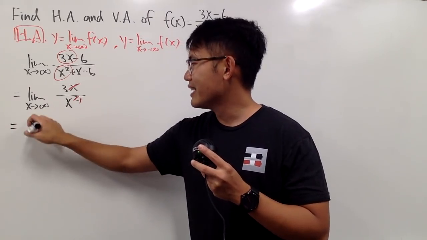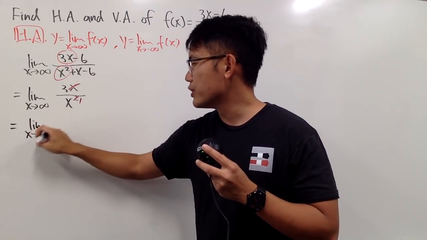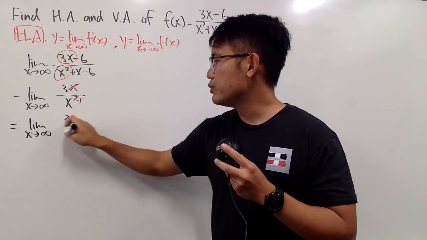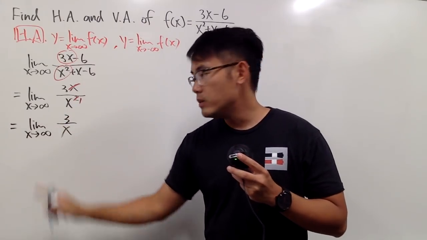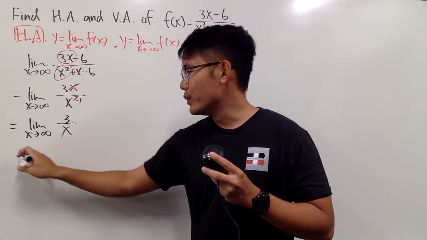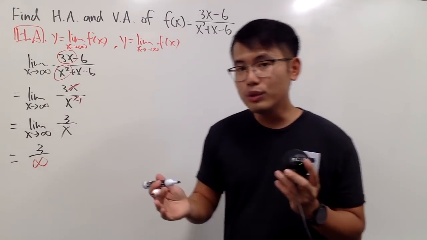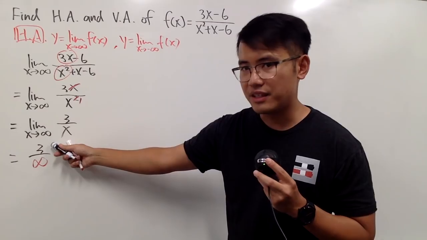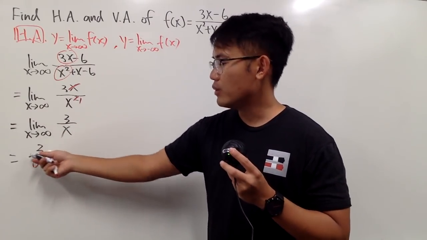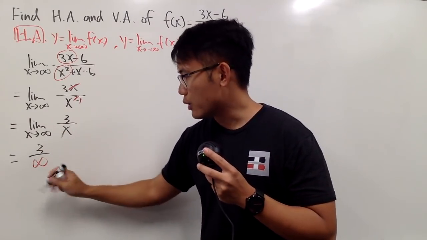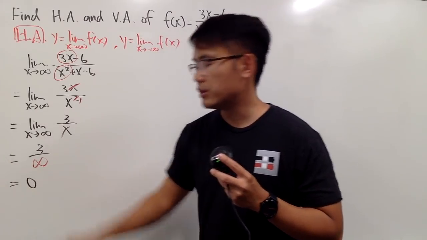And this is saying the limit as x approaching infinity, we get 3 over x. And plugging infinity in here, we get 3 over infinity. And notice that this is just a finite number over infinity. We get to draw a conclusion right here, which is 0.